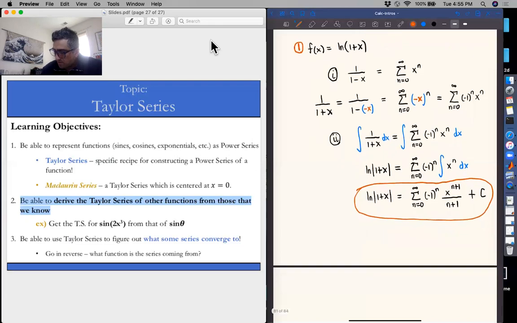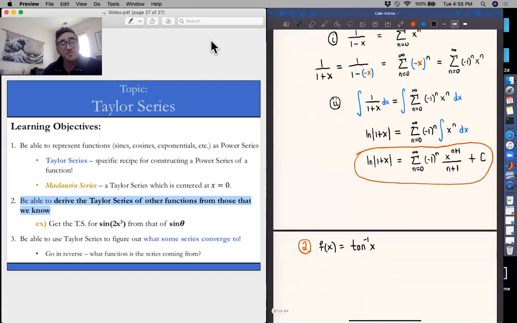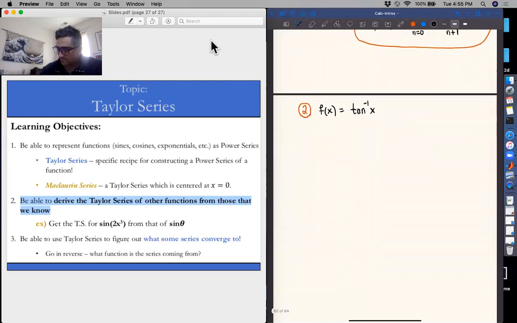And we're going to do a similar thing for this next example, in which the function we want to find its Taylor series for is maybe a scary-ish looking function, but this is the arctangent of x. And we're going to do this in a couple similar steps. We're also going to start off with the power series for 1 over 1 minus x.